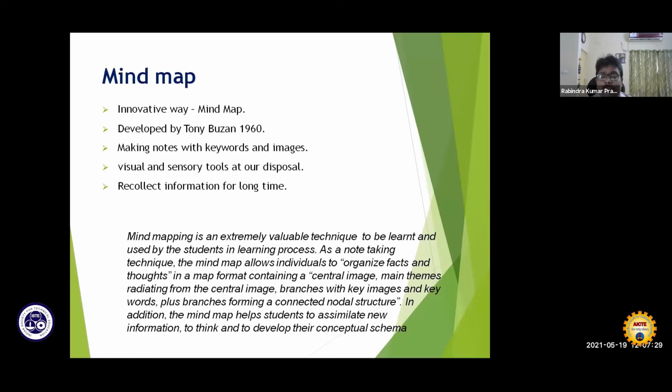So the sum of parts, taken together, creates the whole process. In addition, the mind map helps students to assimilate new information and ideas, to think and to develop their conceptual schema. Schema means a knowledge base.